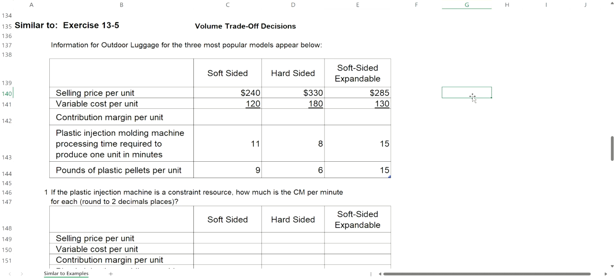So the information for outdoor luggage for the three most popular models are below: soft-sided, hard-sided, and soft-sided expandable. You're given the selling price, variable cost, contribution margin per unit.